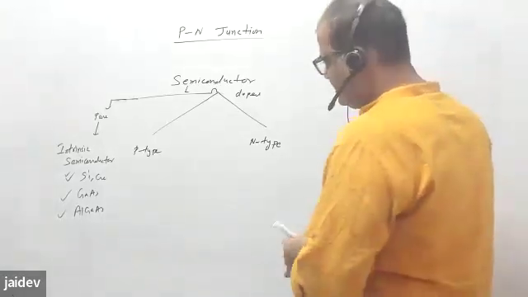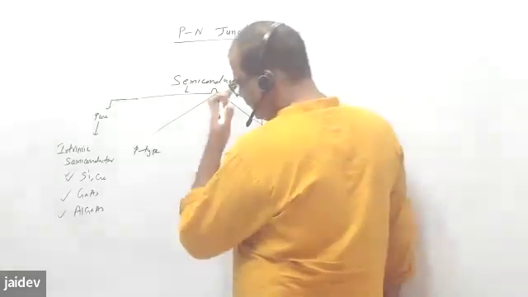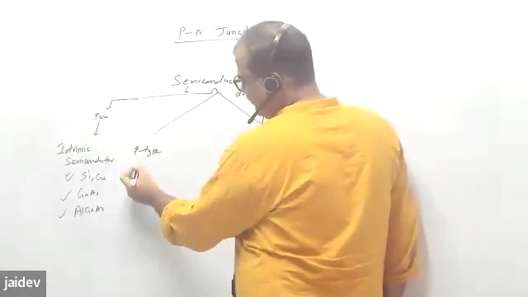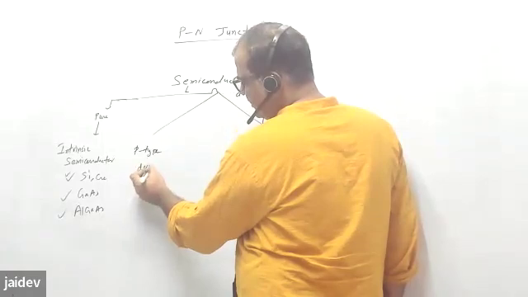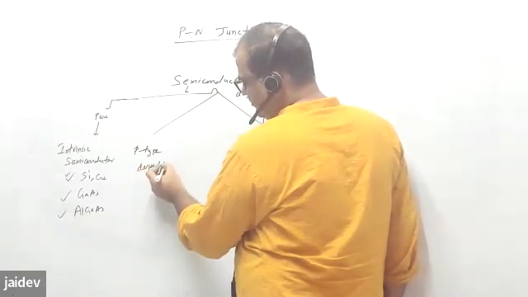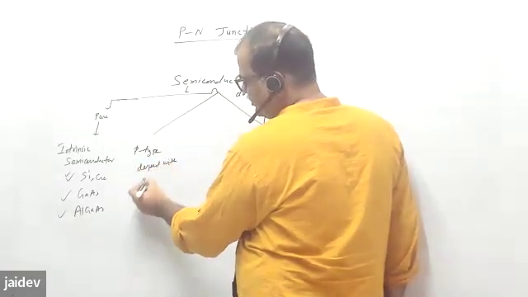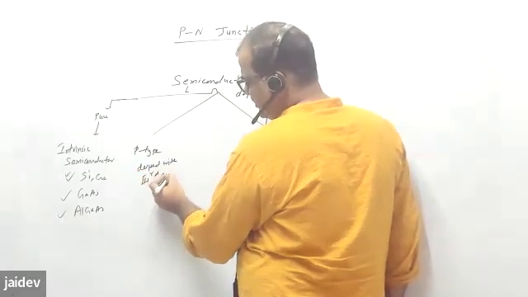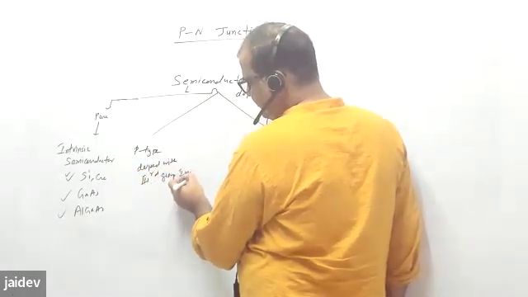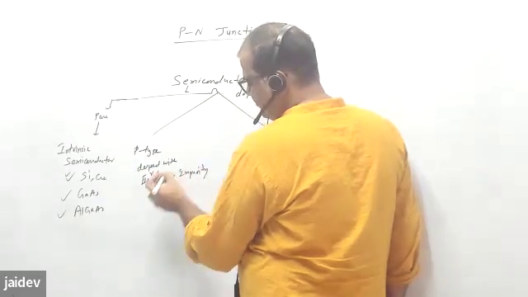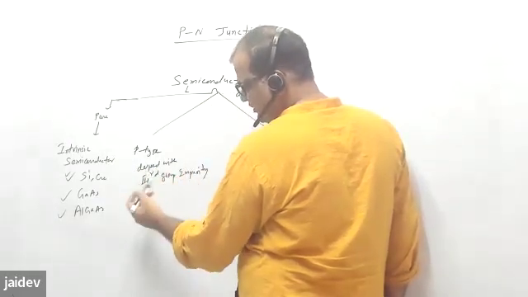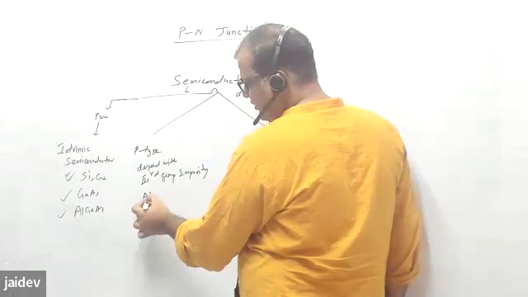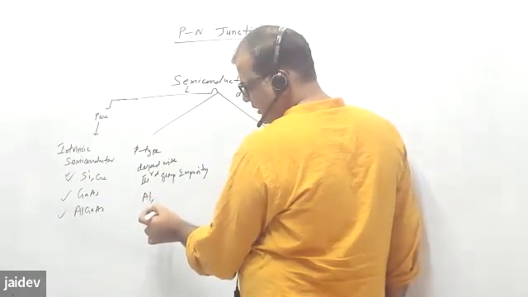P-type means you have to dope an impurity into the intrinsic semiconductor. What is the impurity? A third group impurity. It is trivalent, meaning there are three electrons in the last shell.